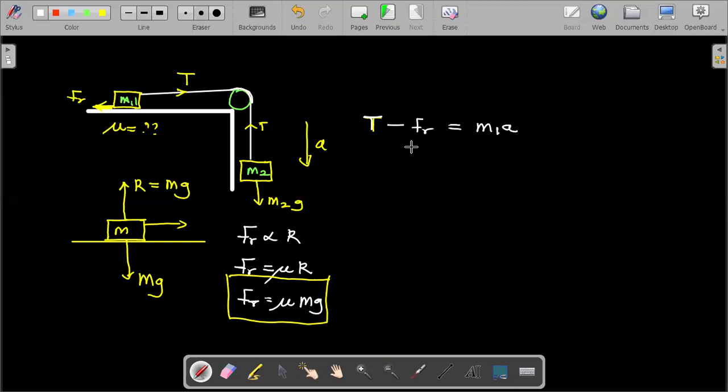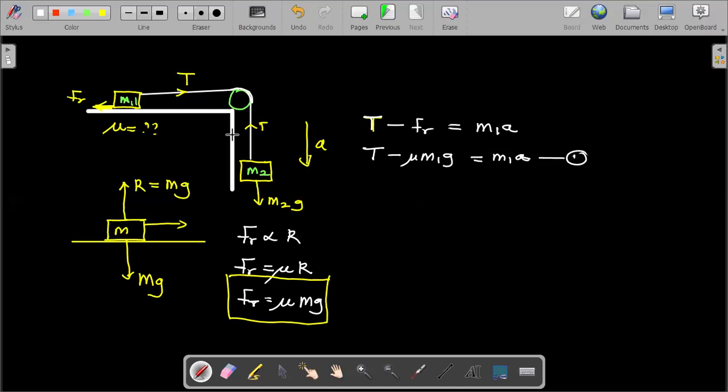And having known that our FR is mu M1G, from our derivation, we have T minus mu M1G equals M1 times acceleration. So let's say this one is equation 1.